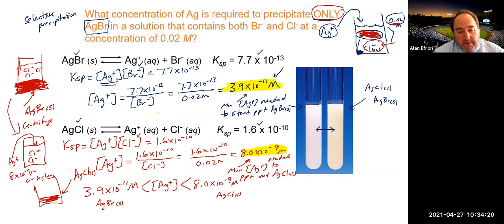And if you remember, there is one situation where you can use the KSP values to sort of predict which solid would come out of solution first, be less soluble, and which one would be more soluble. And it's a situation where each of these compounds break apart into the same number of ions.